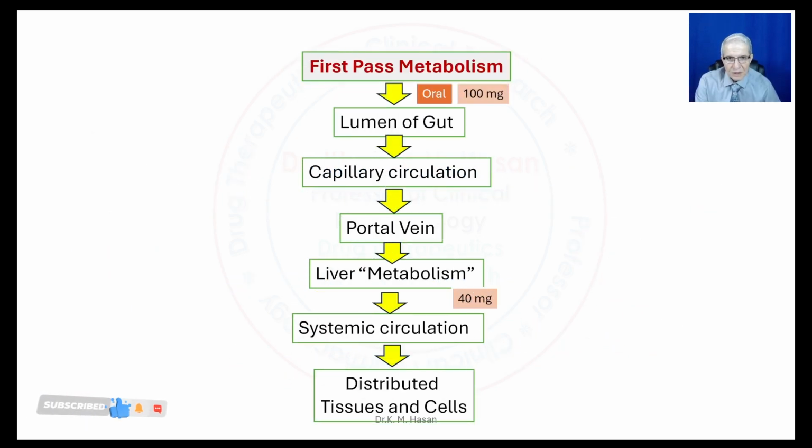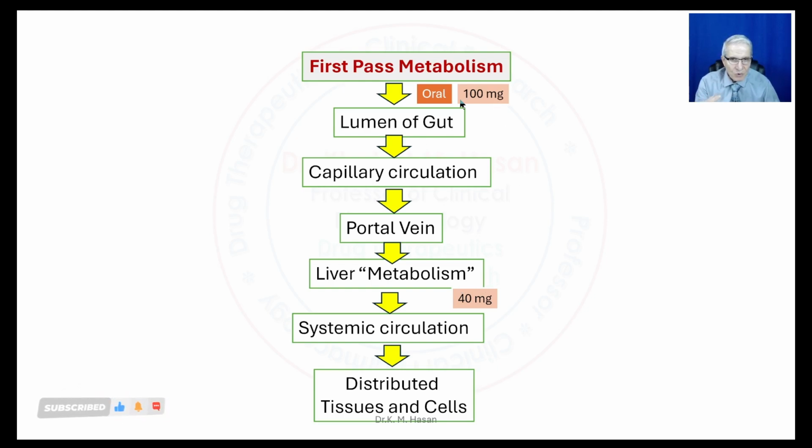When you prescribe the medication orally, the medication will go to the GI system, the stomach, intestine, and then the medication will leave through the capillary circulation and arrive to the portal vein. From the portal vein it arrives to the liver. There we have the metabolism. This is the first time the drug will be metabolized. We call this one first pass metabolism.